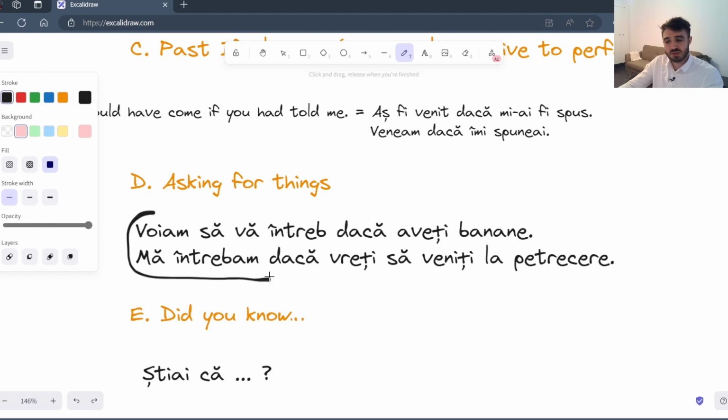But if you need a bit of formality and you don't want to use this aveți and veniți, you can change this to the "tu" form and you can say voiam să te întreb. It's still not very formal. This is the most formal, I guess. But yeah, it's your option. You have different levels of formality with Romanian.